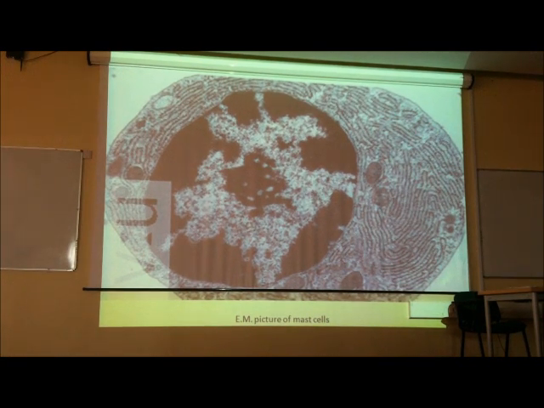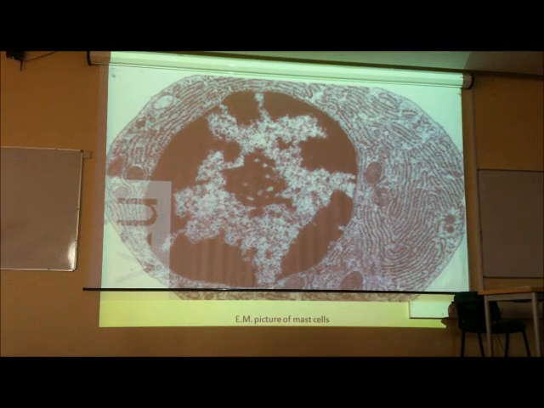What is this cell? Plasma cell. Why? Give me two reasons. What is the site of the nucleus? Central or peripheral? Peripheral. What is the shape of the nucleus? Rounded. What does it look like? Cartwheel appearance.